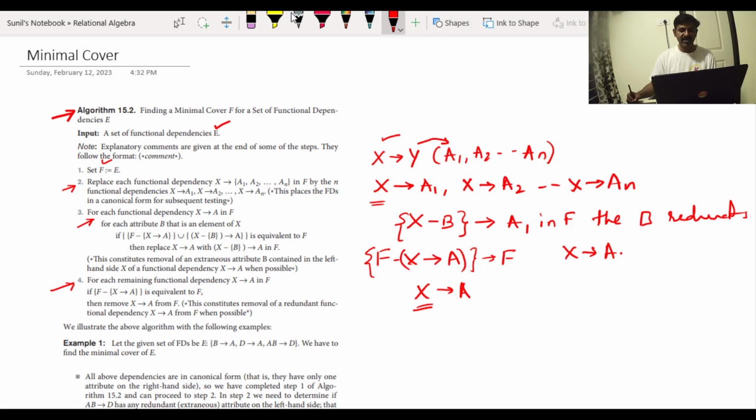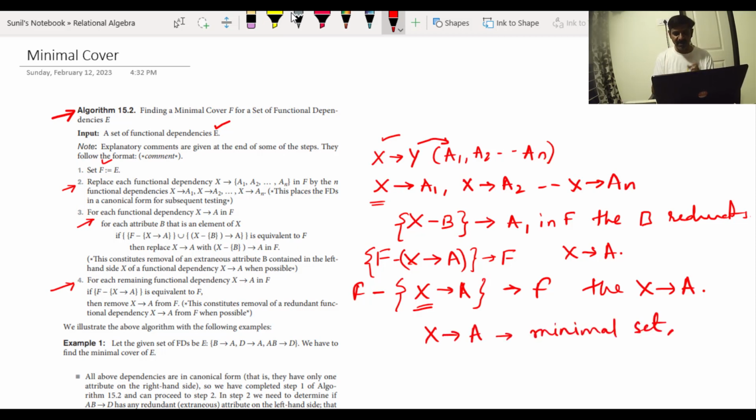For those other functional dependencies in which X has only one attribute, see whether each is really required. If you find that F minus X arrow A is equivalent to F, then X arrow A is not required, so unwanted functional dependencies can be eliminated. When you do this, we end up with a set of functional dependencies of the form X arrow A that is a minimal set.